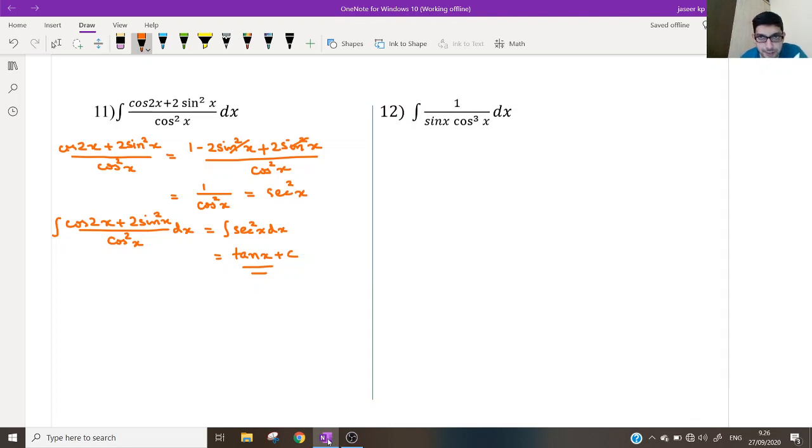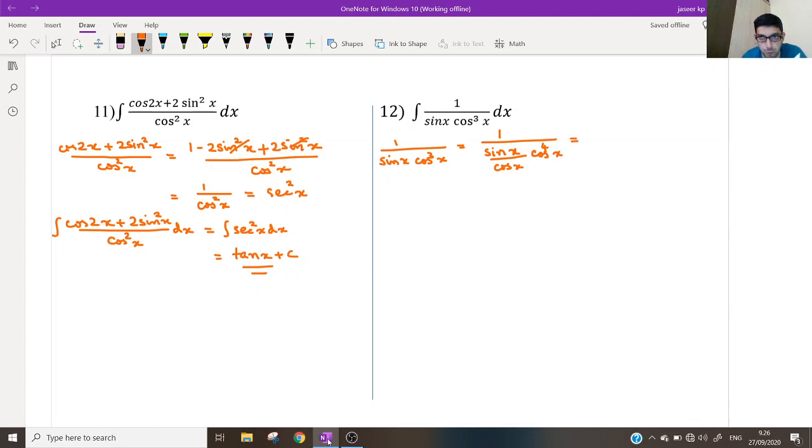1 by sin x cos cube x. So let us write this as 1 by sin x cos cube x. Now let us multiply and divide with cos x. So it will become sin x by cos x into cos to the power 4 x.